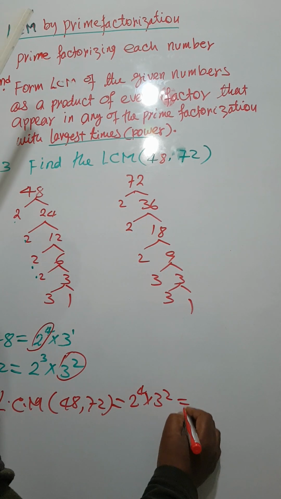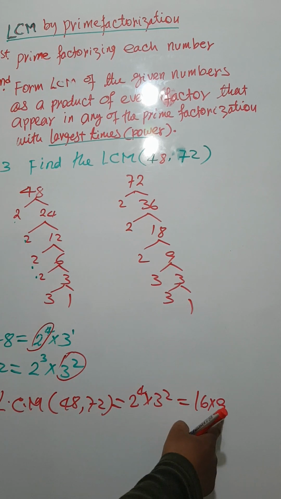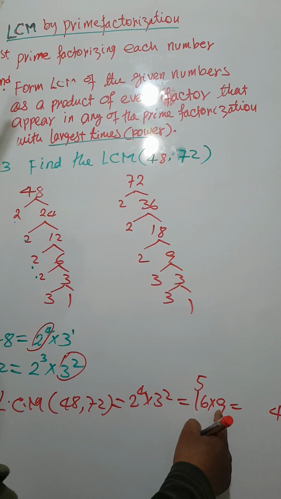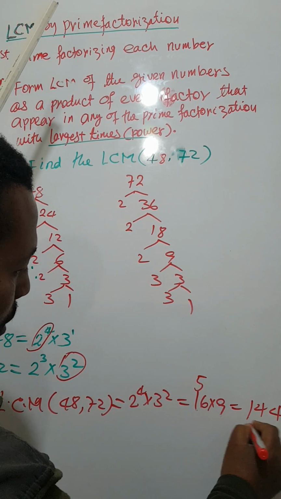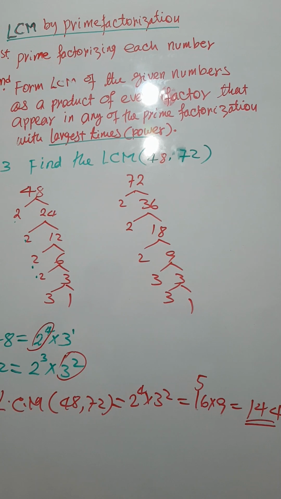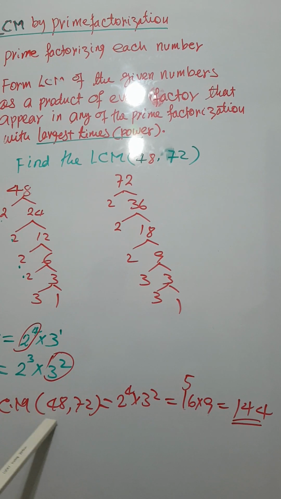This is simply 16 times 9. 9 times 6 is 54, 4 carry 5, 9, 144. 144 is the LCM of 48 and 72.